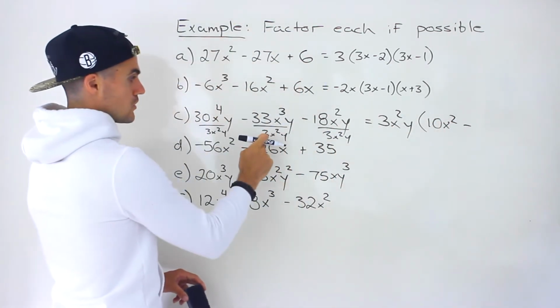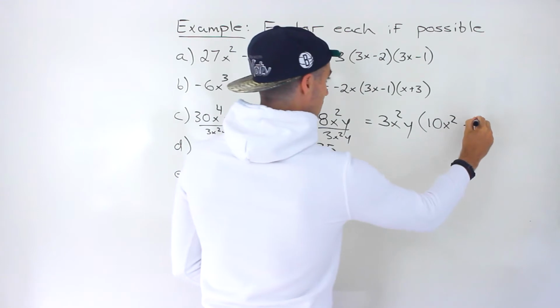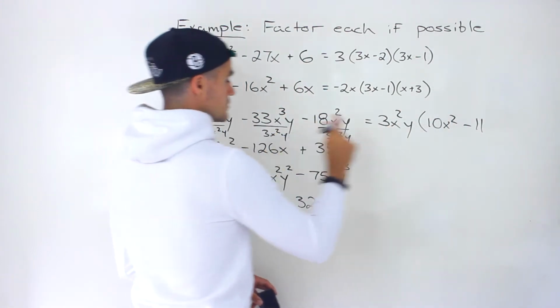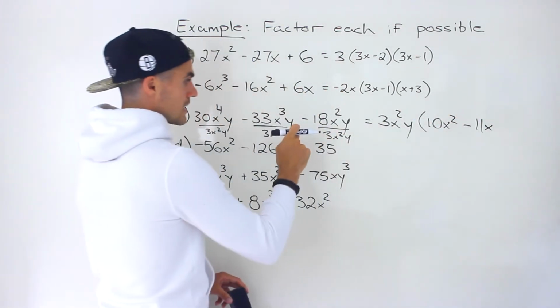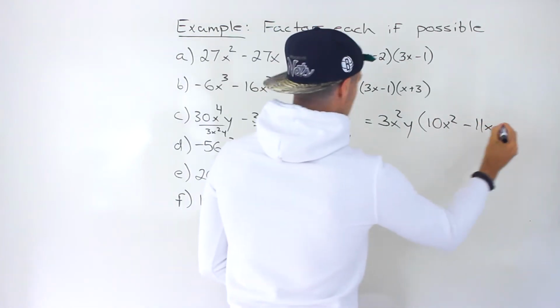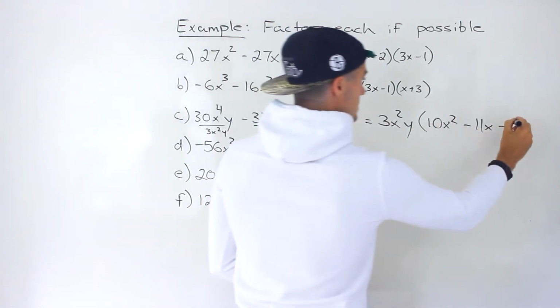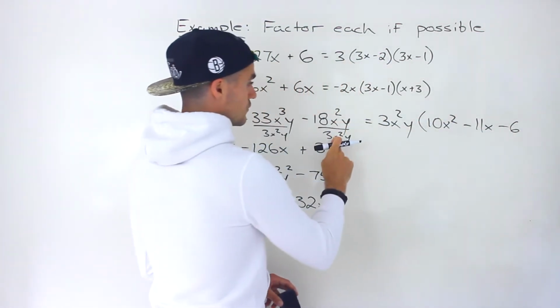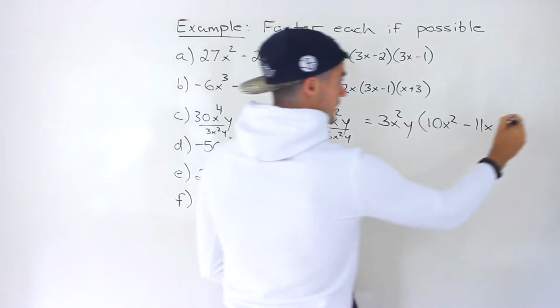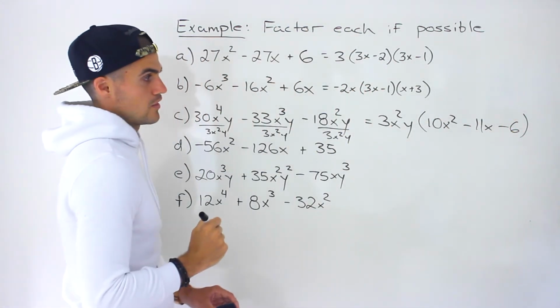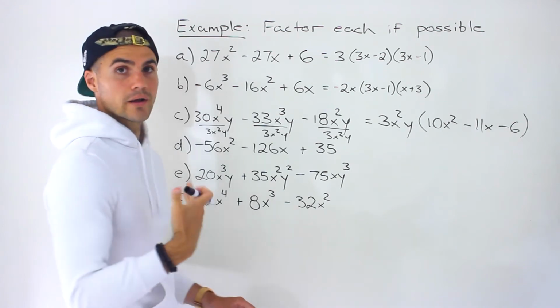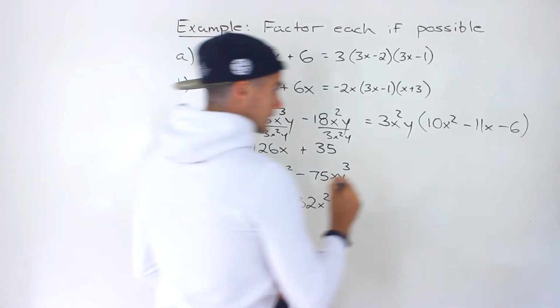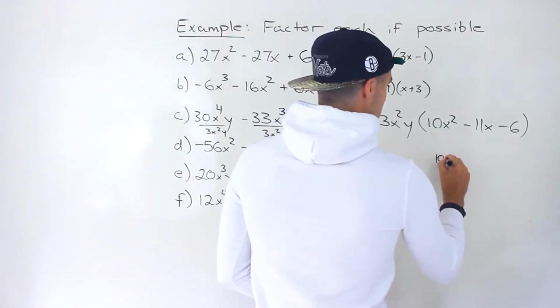And then 33 over 3 would give us 11. X to the 3 over x to the 2 would give us x, and then the y's cancel out. Then we got this minus. 18 over 3 gives us 6. X to the 2 over x to the 2 cancel out. Y's cancel out. So we end up with that right there. And so again, we end up with a quadratic in the brackets.